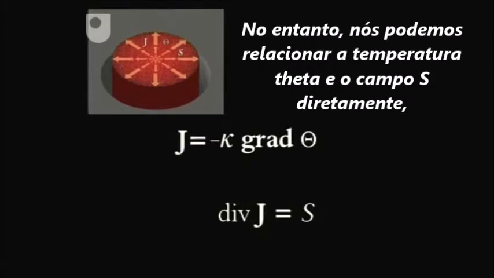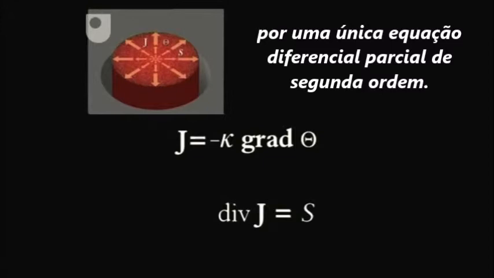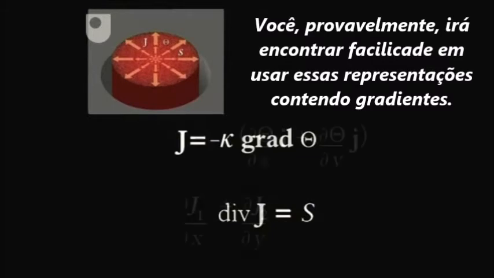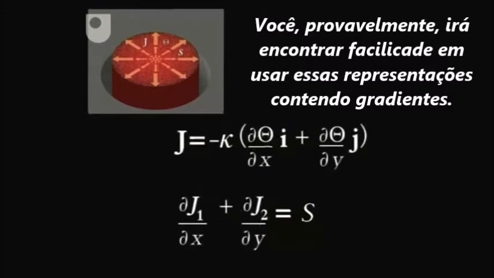However, we could relate the temperature field theta and the heat source field S directly by a single second-order partial differential equation. I'd like you to have a go at that in a moment. You'll probably find it easier to use these representations of grad and div.